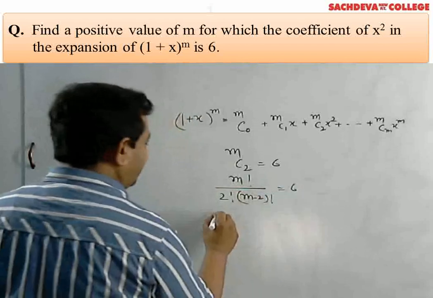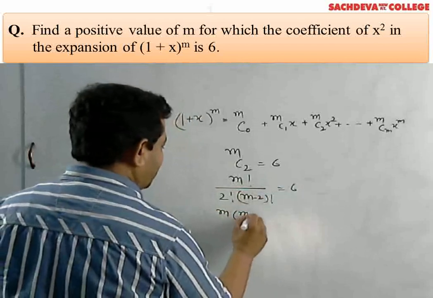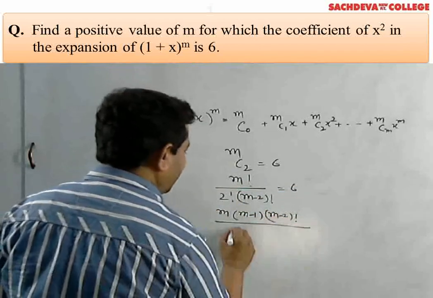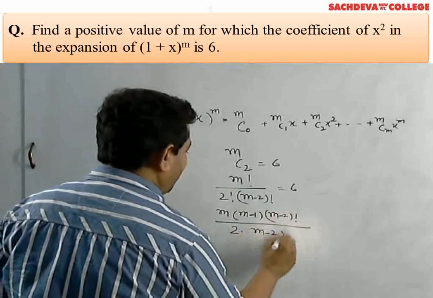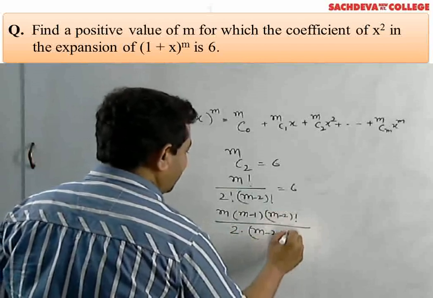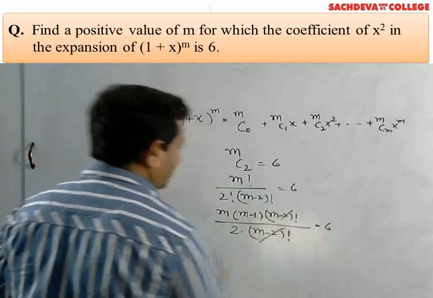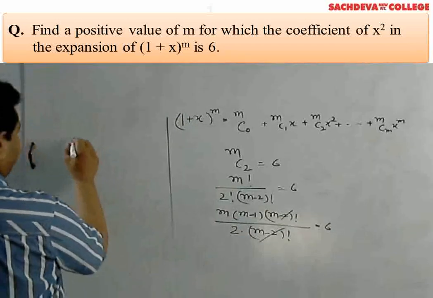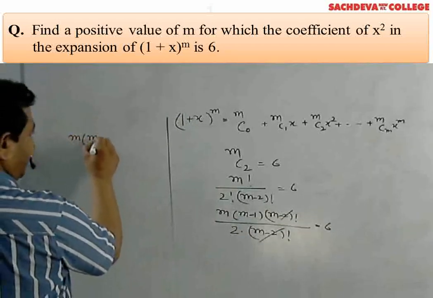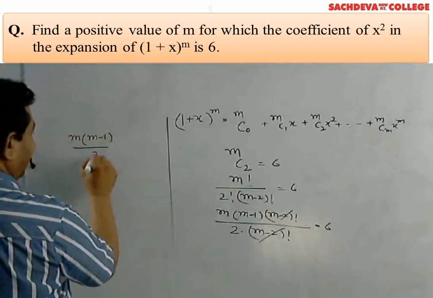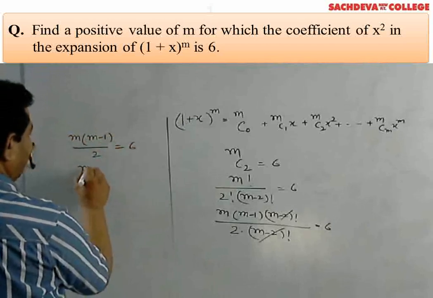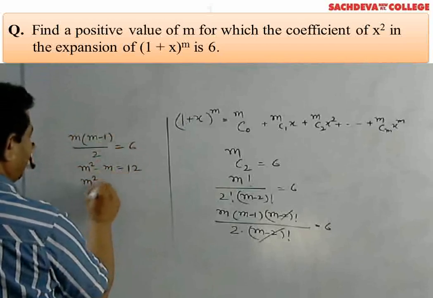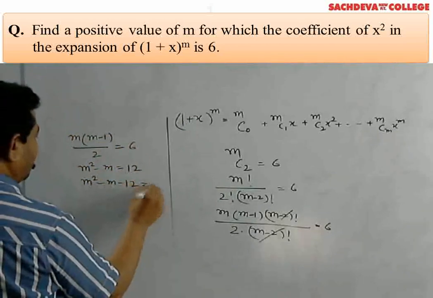Factorial m is m into m minus 1 into factorial m minus 2, divided by 2 into factorial m minus 2, and this cancels by this. So you find m into m minus 1 divided by 2 is equal to 6, and m square minus m is equal to 12. So m square minus m minus 12 is equal to 0.